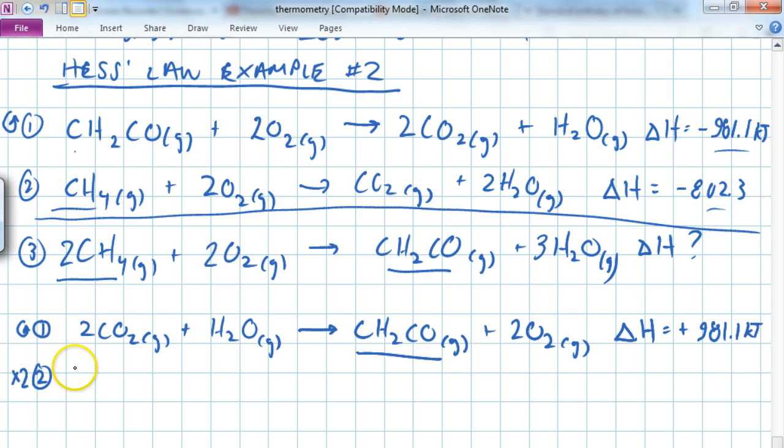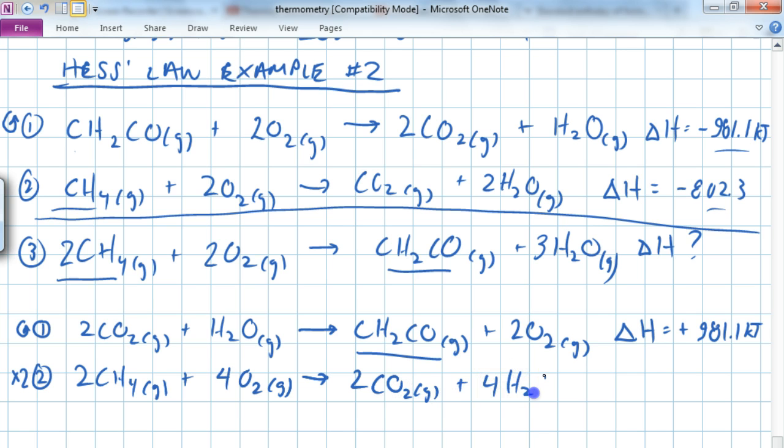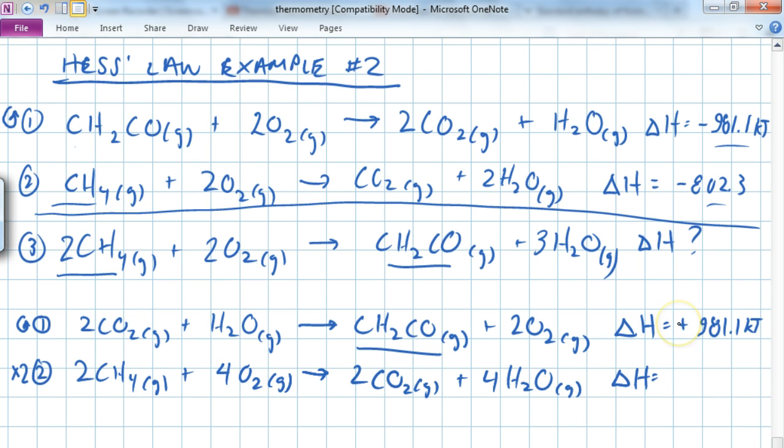So we're going to write equation 2 times 2. So that's 2 methanes, 4 O2s, yields 2 CO2s, and 4 H2Os. And then the delta H, according to rule number 1, we're simply going to multiply delta H by 2.